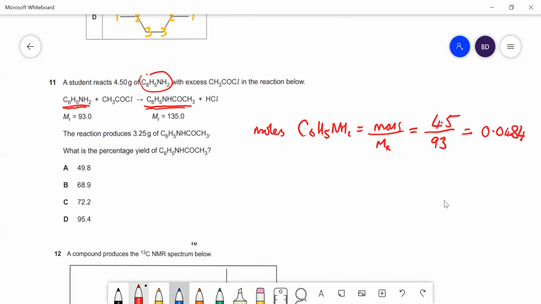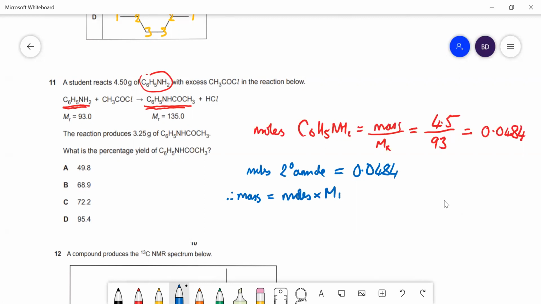So that means we should get how many moles of the secondary amide? It should be the same. If we get 100% yield, that's 0.0484. Therefore the mass we're going to get is equal to the moles multiplied by the MR. 0.0484 multiplied by the MR, they tell us is 135, gives us 6.53 grams.